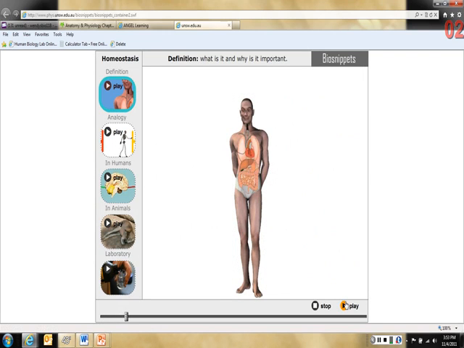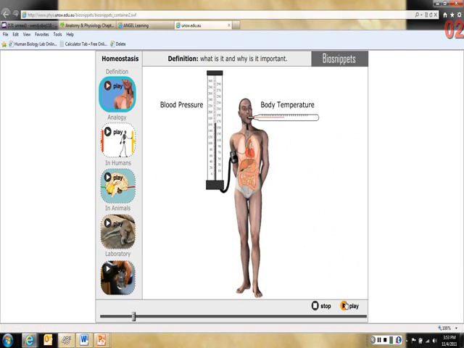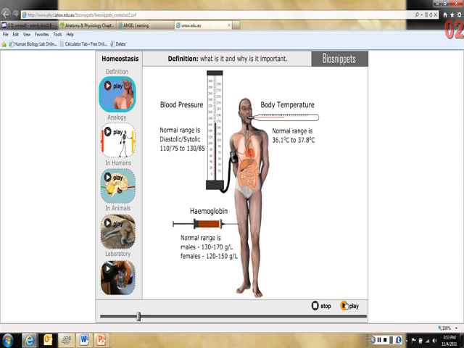Changes in internal variables, such as body temperature, blood pressure, and levels of hemoglobin, cannot exceed a certain tolerance without jeopardizing the health or survival of an organism. The maintenance of the internal environment within these narrow limits is referred to as homeostasis.